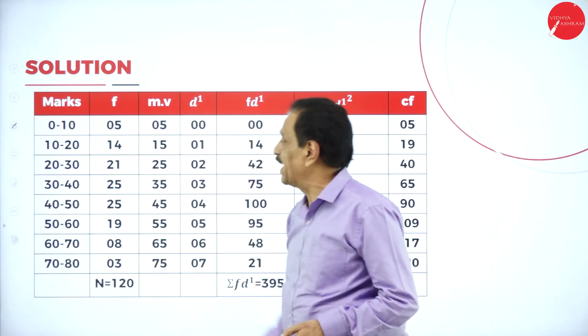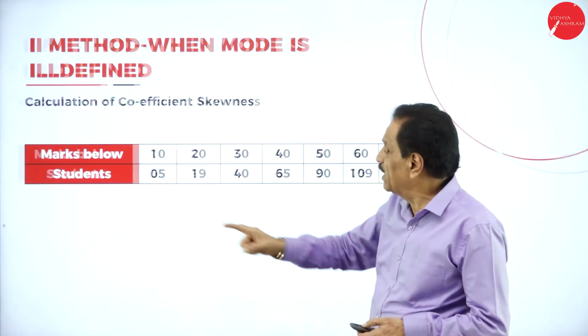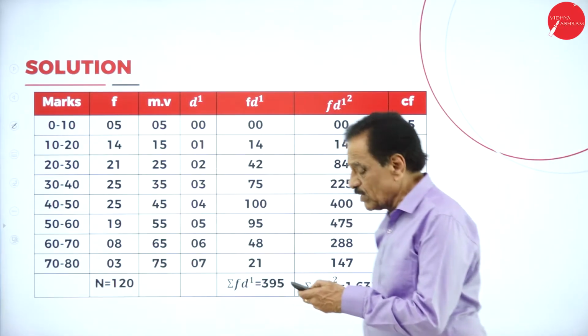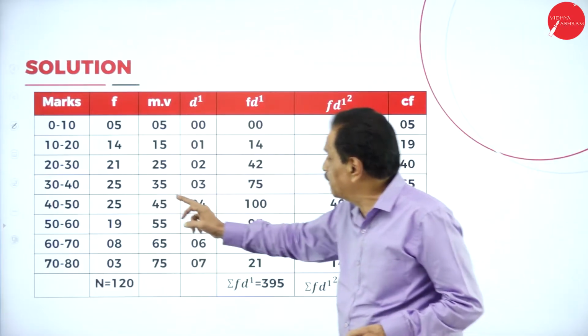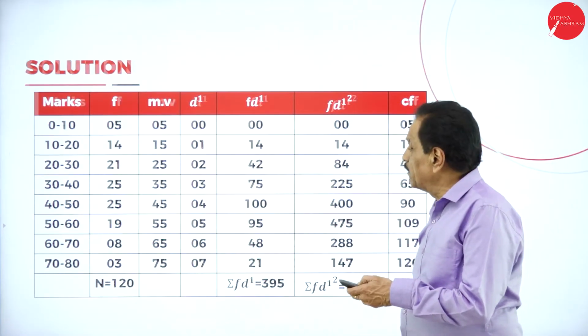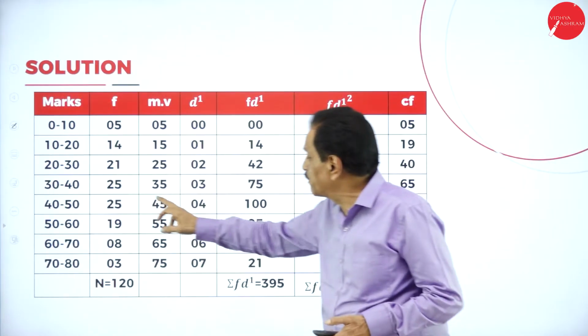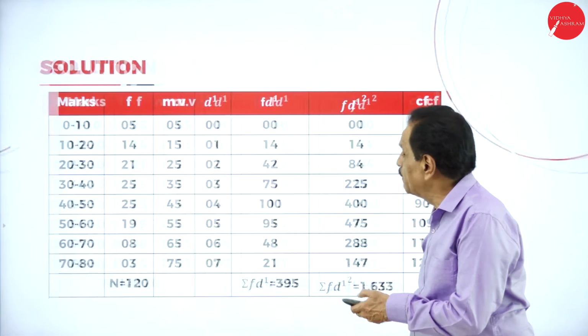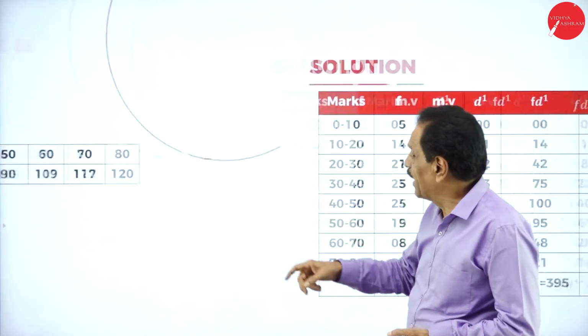So what is the first one? 5. The second number is 19, how much more? 14. I have taken 14. The next number, 19 to 40, how much more? 21. The next one, 40 to 65, how much more? 25. I have written that. The next, 65 to 90, how much more? 25.